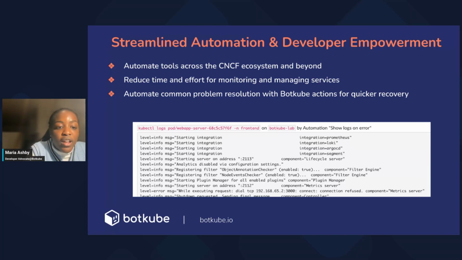So if you notice that whenever there's a resource that's created, you run the same kubectl describe over and over again, by having an automation built in place, you're able to remove that first step out of your troubleshooting process. So it can really help speed up your monitoring and troubleshooting experience and make you a more resilient team.